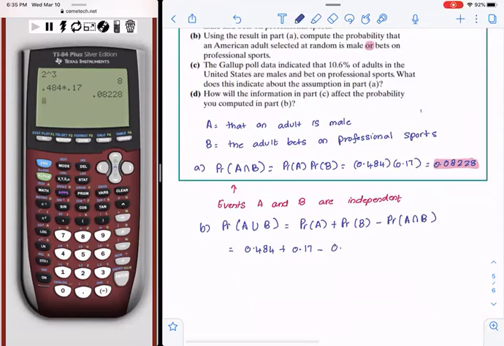So we can plug that in here. So 0.484 plus 0.17 minus 0.08228. That gives us a probability of 0.57172. And that is using the addition rule in conjunction with the multiplication.